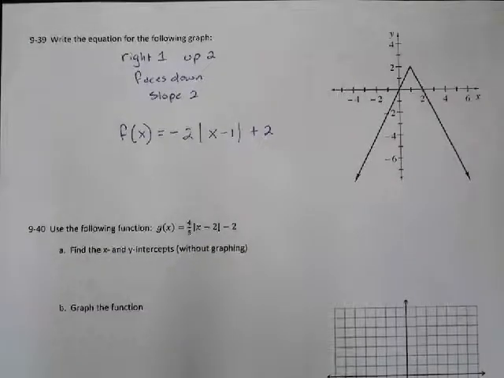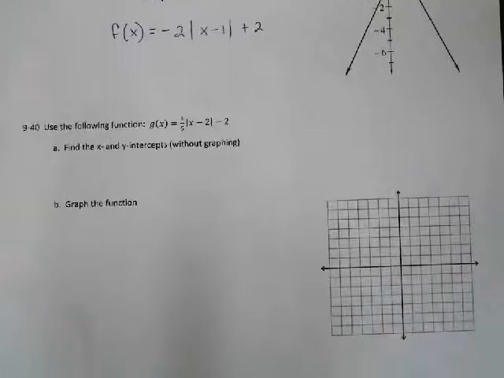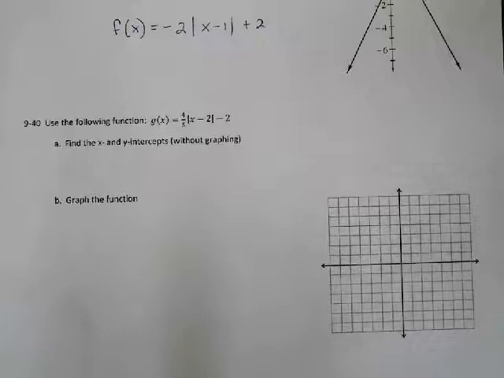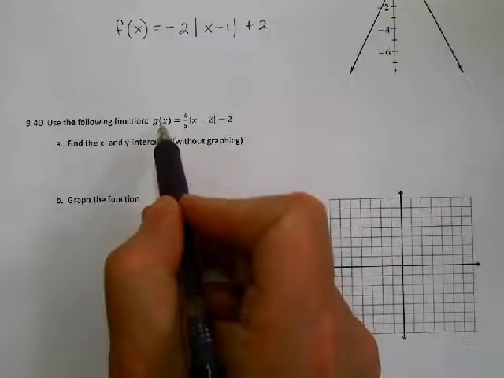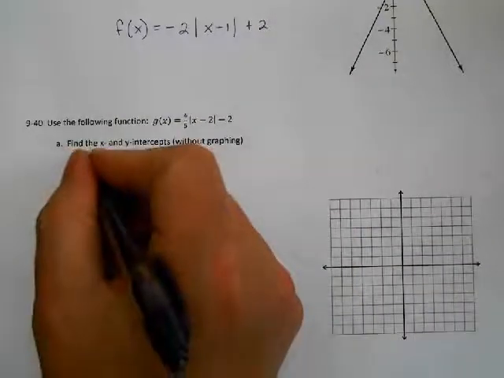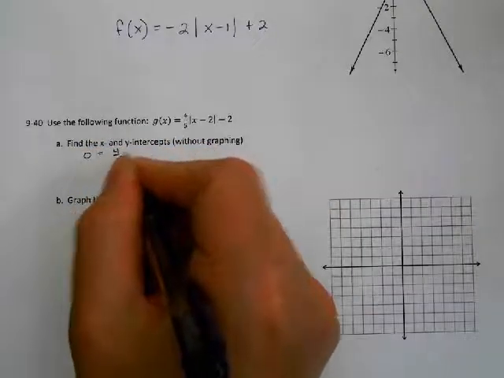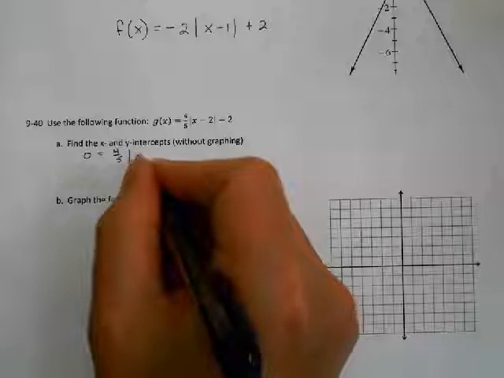All right, last one. Use the following function, this one, and find the x and y intercepts without graphing. Okay, so if I want to find the x-intercepts, I would plug in 0 for the y. So let's find that first. So I do 0 equals 4/5 absolute value of x minus 2, minus 2.